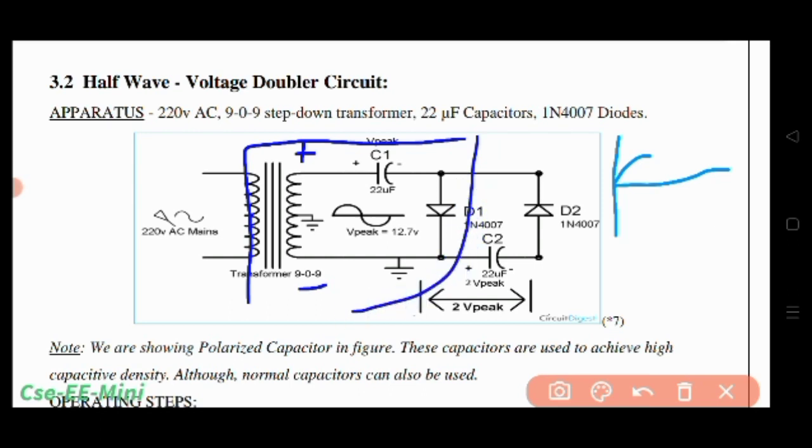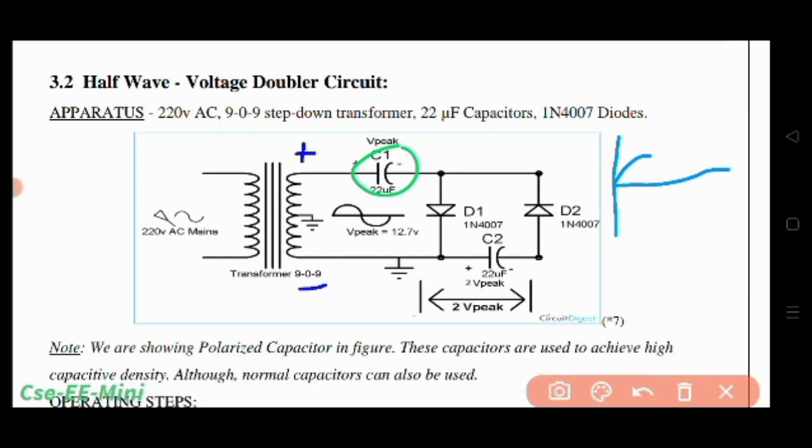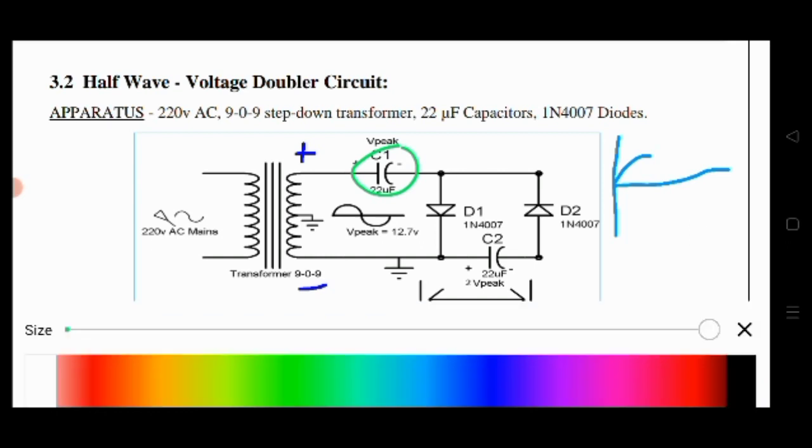This is the pattern of current flow during the first positive half cycle due to the forward biased condition of diode D1. This will result in the charging of capacitor C1. The capacitor will get charged by the flowing current, up to the maximum possible voltage, that is V peak. V peak refers to 12.7 volt here.